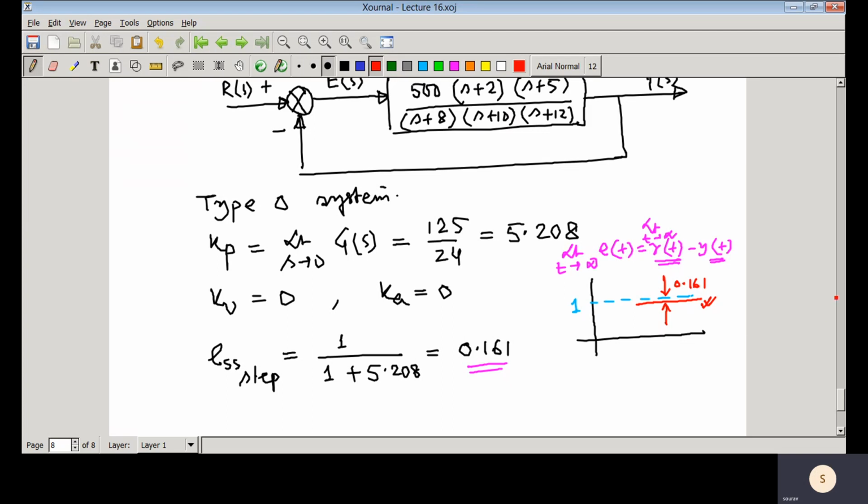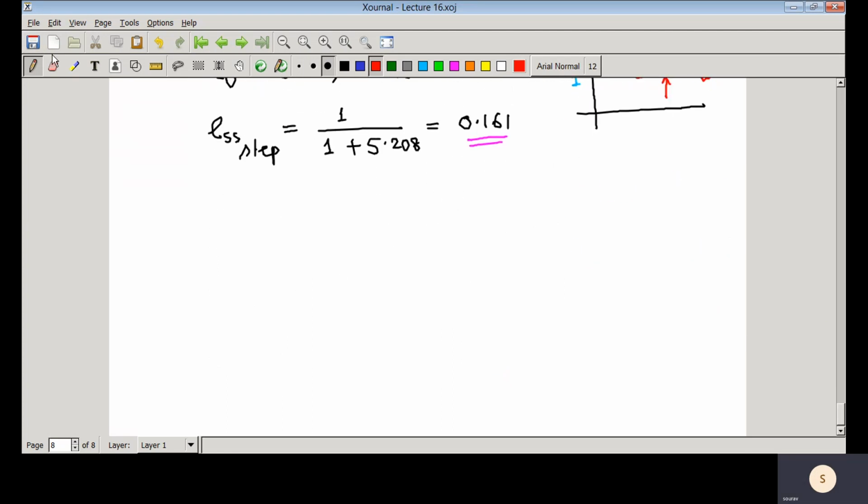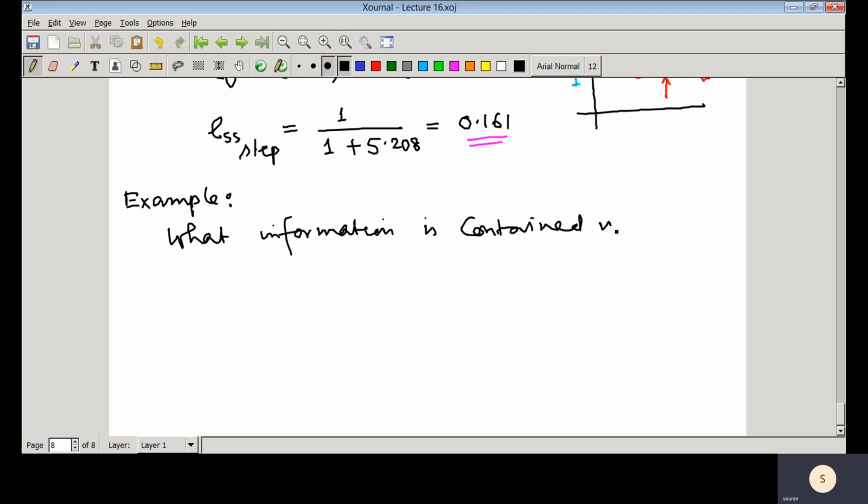Now, one interesting example: what information is contained in the specification Kp equal to 1000?